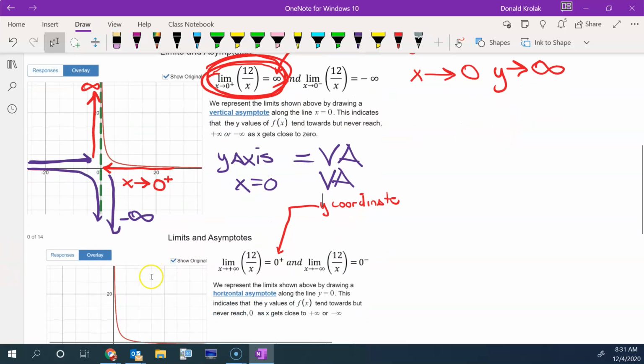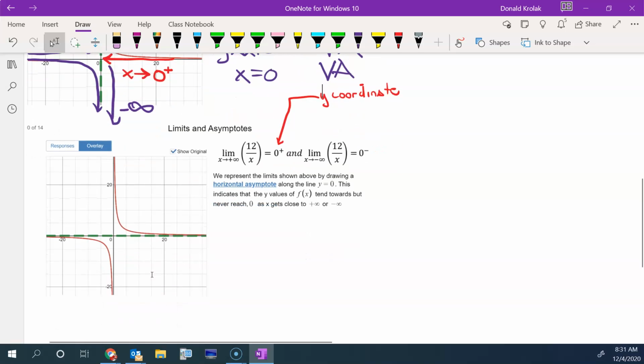All right, when I say x is going to infinity, now I'm moving like this. If you watch up on the screen, I'm here and I'm going to move towards infinity. That's what that means right there. As I do that, I can see that the y coordinate is moving towards 0.